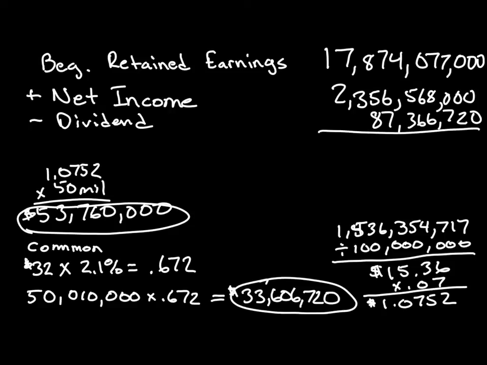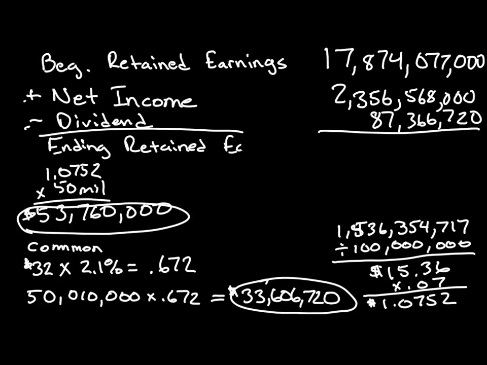And now if we add the net income and subtract the dividend, we get ending retained earnings of $20 billion.